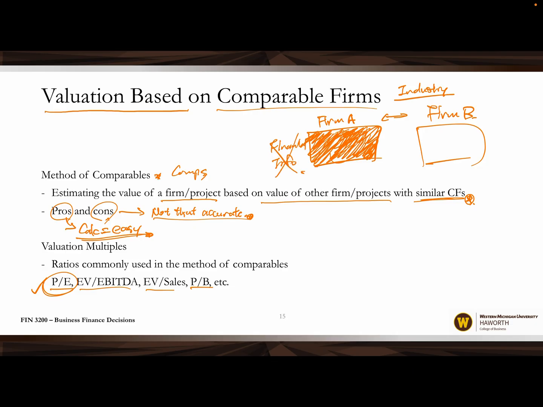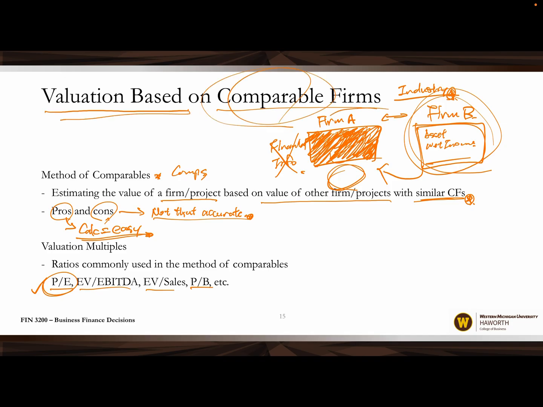Whereas firm B is in the same industry doing similar things at a similar size, but it's a publicly listed firm and has all the information: assets, net income, dividends, all kinds of information. So the idea is we're going to use this firm's information to infer the value of equity of firm A. That's why we have valuation based on comparable firms.